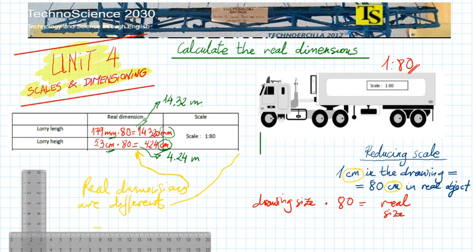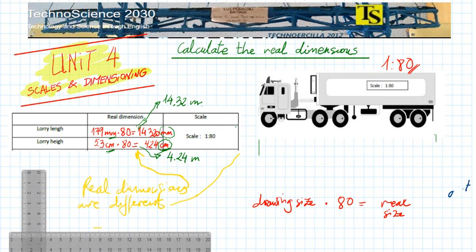We use the projection lines, dimension lines, arrows, and of course you have to write here the real dimension, which is 14,320. This is how we do the dimensioning.